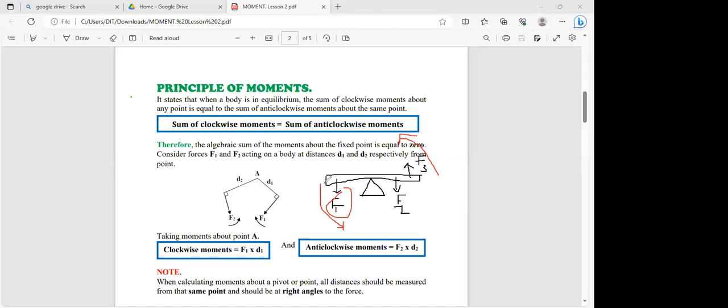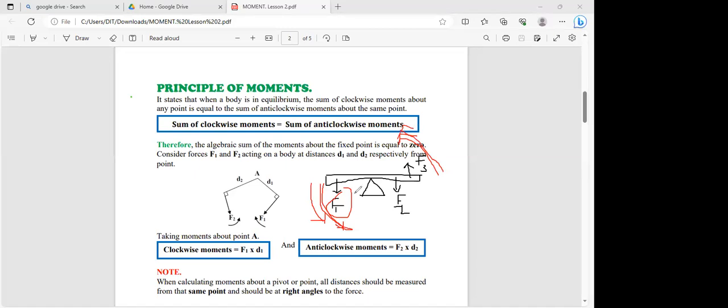What does it show? It shows that my F1 is making my body move in the anti-clockwise direction. Why anti-clockwise? Because it is moving this way, downwards, so it will make the other part of the body move the other side, which is anti-clockwise.